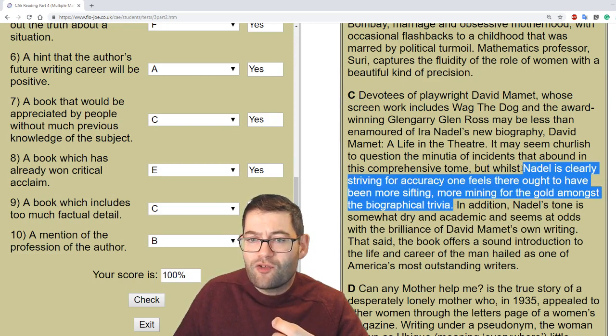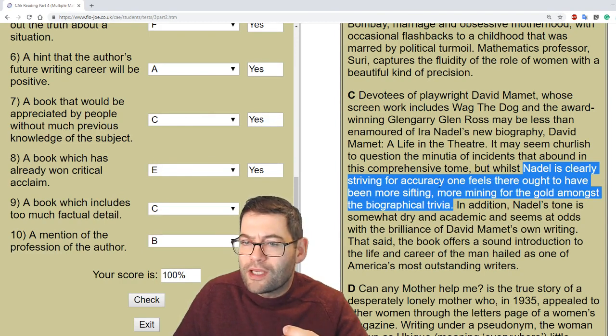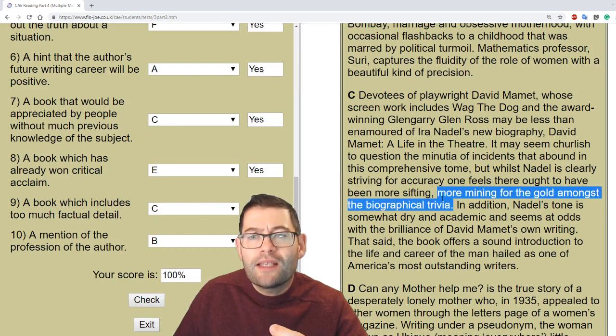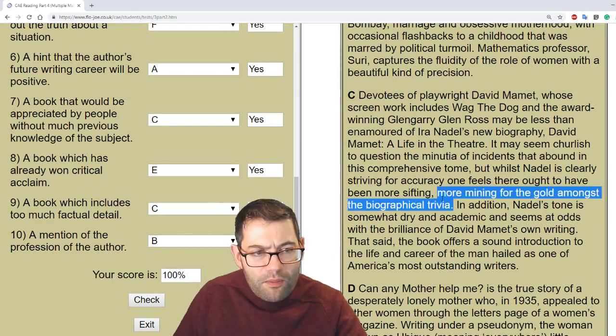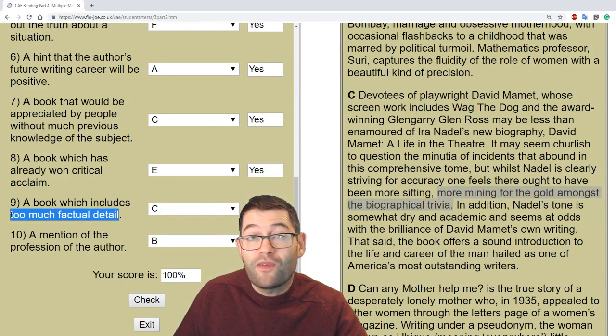Whilst Nadell is clearly striving for accuracy, one feels there ought to be more sifting, more mining for the gold amongst the biographical trivia. In other words, too many little details, not enough focus on the important stuff. So, which links back to the idea of too much factual detail in question 9.